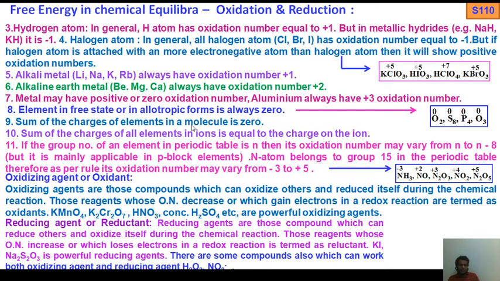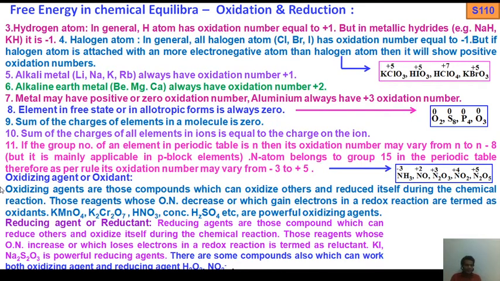And the sum of the charges of all elements in an ion is equal to the charge on that ion. For MnO4 minus, the sum of the charges will be equal to -1. If it is KClO3, it is a neutral molecule, so it should be 0.